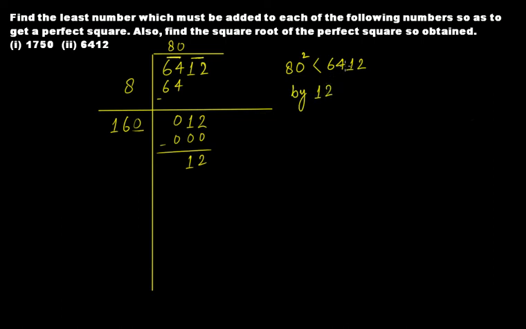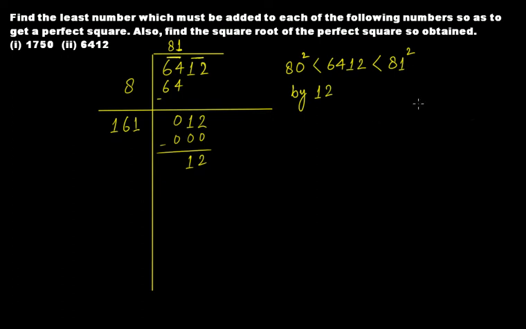But this 6412 will be less than 81 squared. Imagine that if we would have taken 1 here, then at the place of 80 you will get 81, right? That's why 6412 will be less than 81 squared.